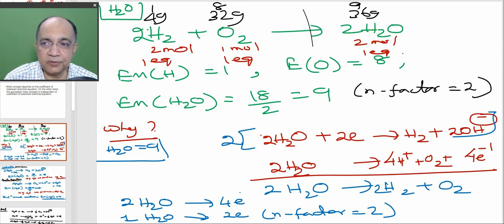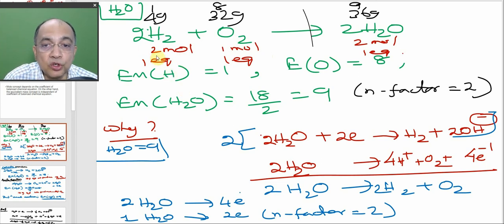So if it is the formation of water by the reaction of hydrogen and oxygen, in terms of moles it is 2 moles, 1 mole, 2 moles, and in terms of equivalents it should be 1, 1, 1. Let's see.